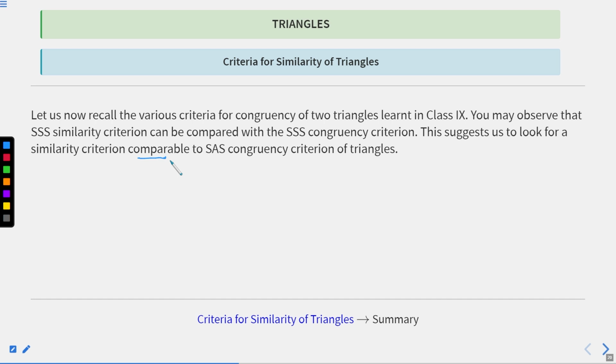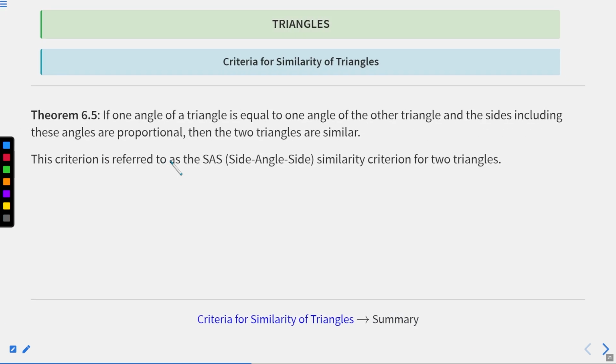We have studied two criteria for similarity of triangles: one is the angle similarity criteria, and the other is the side similarity criteria. Comparing with the congruency criteria, we get Theorem 6.5.